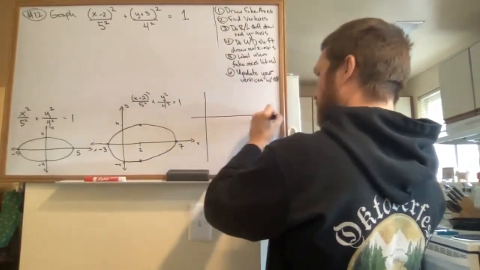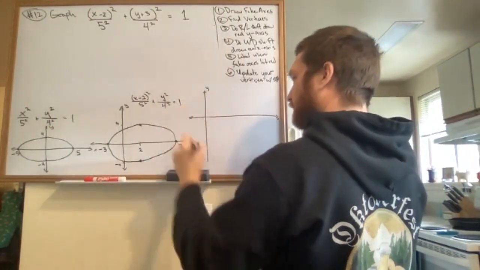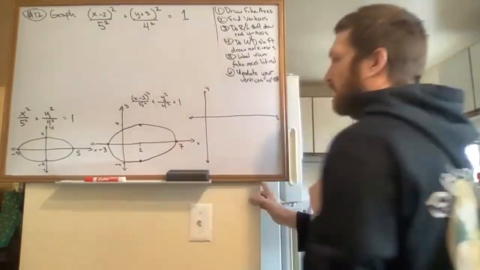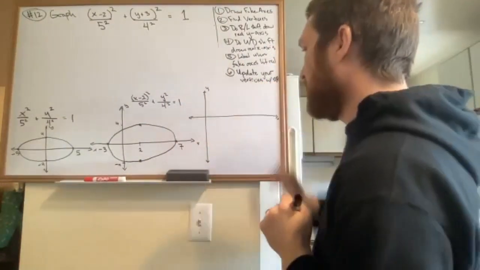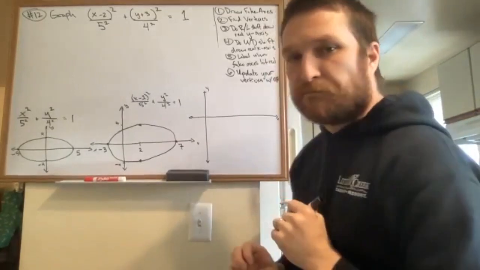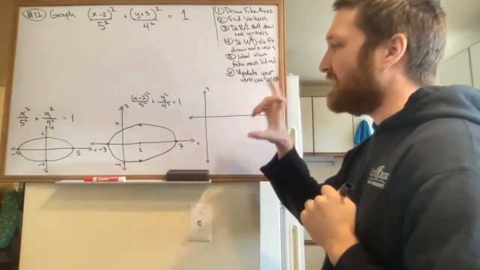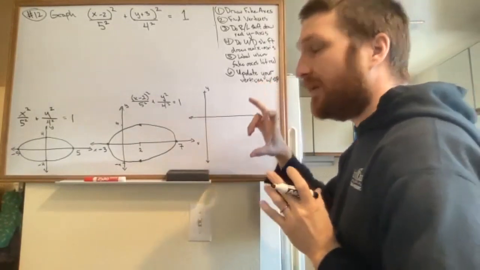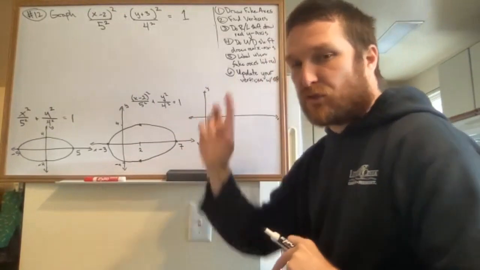So let me do this here. There's x, there's y. Okay. So we're up 4. So what I'm going to do, I'm going to start with the up and down axis first, called the minor axis, because it's the shorter one, right?